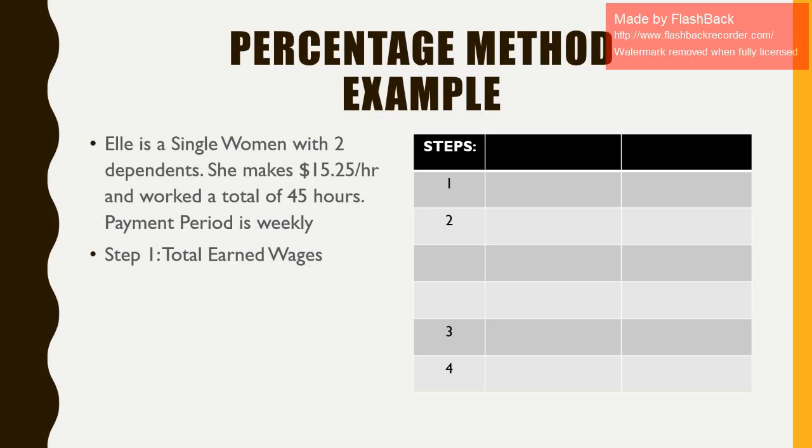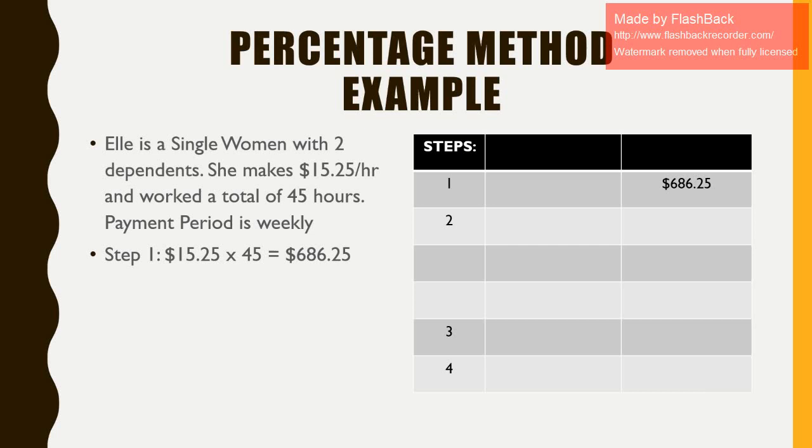So how much is she supposed to earn in total? $686.25. That is correct, okay? So here we calculated $15.25 times 45 hours, which gives us a total of $686.25 that she's earned within that week, okay?